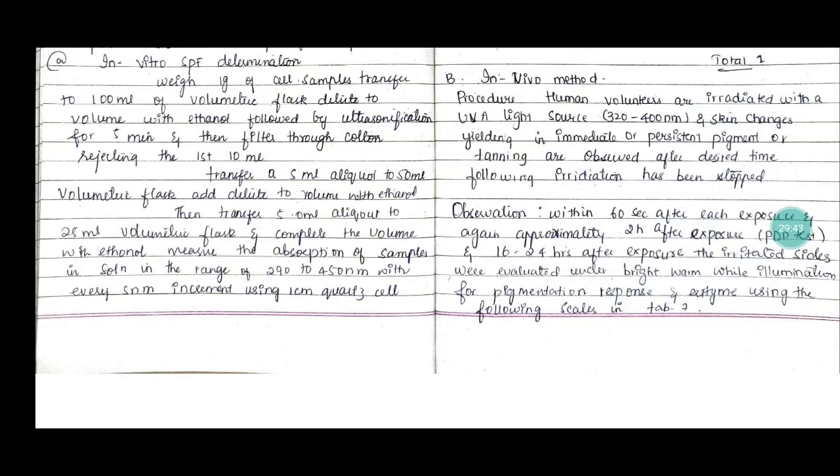The observation is within 60 seconds after each exposure, approximately 2 hours after exposure, and 16 to 24 hours after the exposure. The irritated sites were evaluated under bright, warm white illumination for the pigmentation response, and erythema was evaluated using the scales in the table.